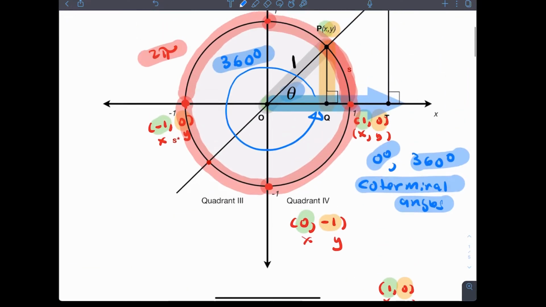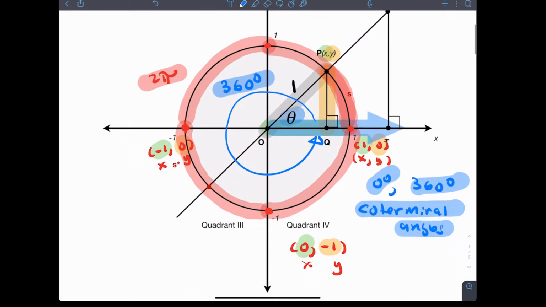Go back to the circle. When you start this ray, I can erase some of this stuff so you guys know. You got that in your notes? You okay?